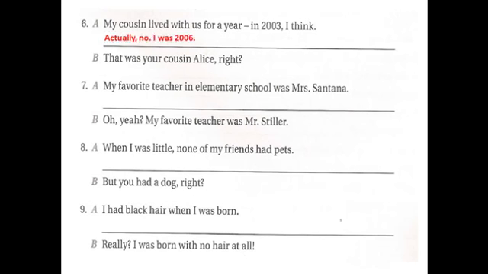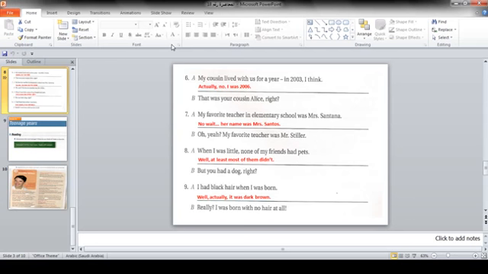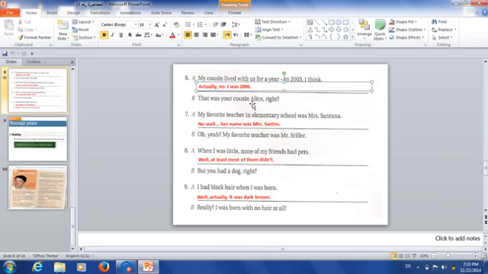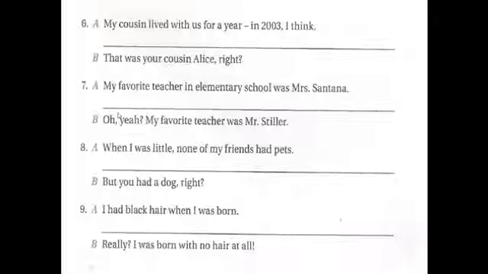Actually no. It was 2006. Okay? Or 2002, it's okay. The goal is how this exercise works. That was your cousin Alice, right?